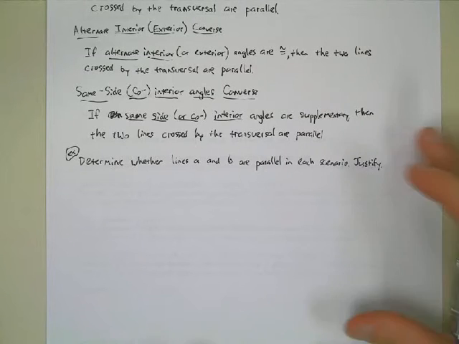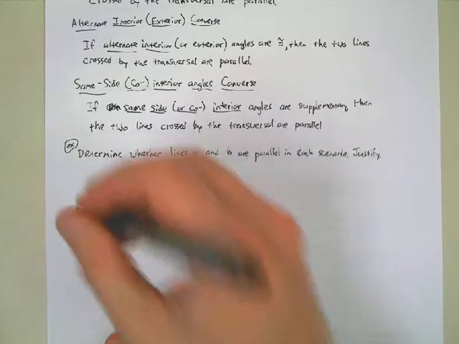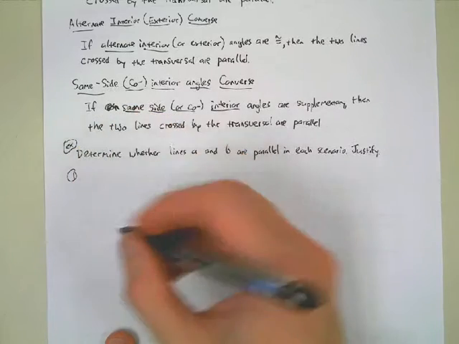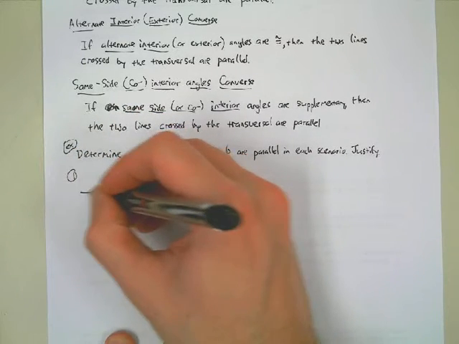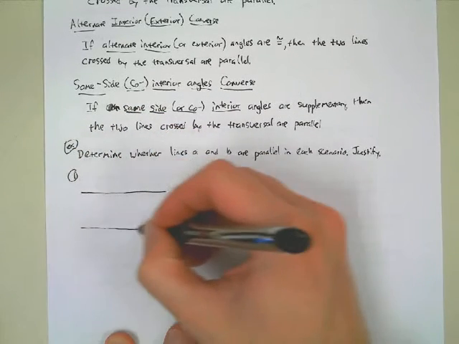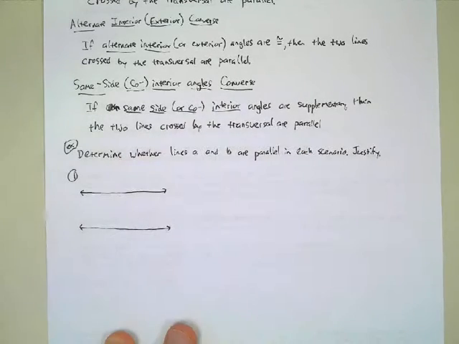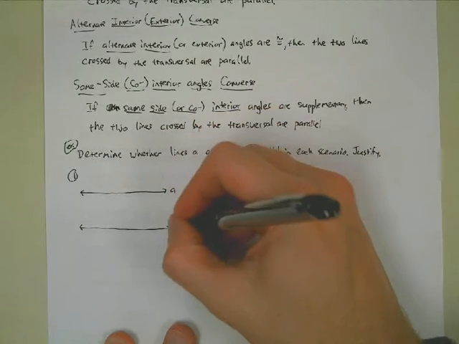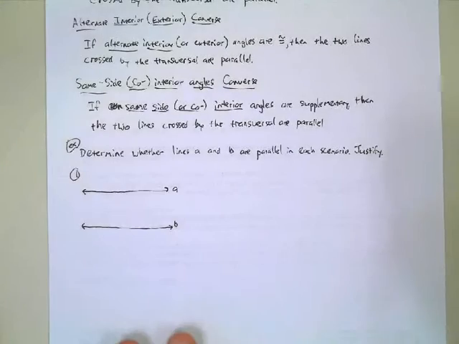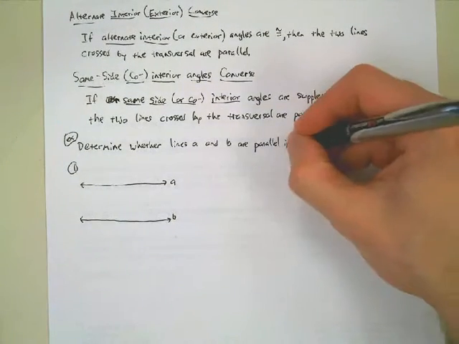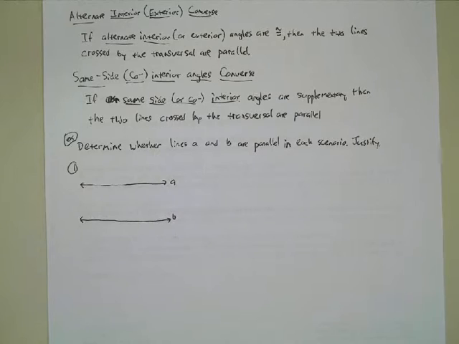Okay. So let's see here. Let's try a first one. I'll draw two lines that look parallel, but they're not marked that way, so we shouldn't assume, especially since we're asked about whether they are parallel or not. Okay, so if we're questioning whether they're parallel or not, we should not assume they're parallel.